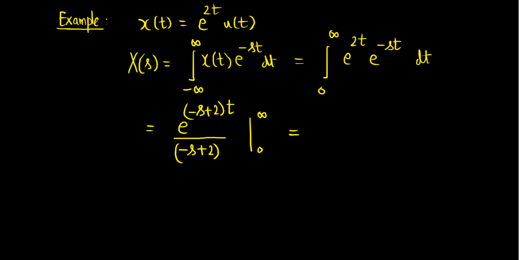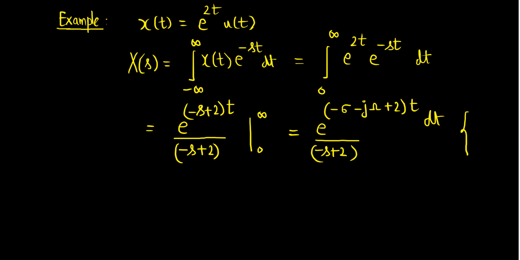And now let's try to replace this s by sigma plus j omega. That is going to be e power minus sigma minus j omega plus 2, times t, and I'll keep s as it is in the denominator. This is due to the fact that s is sigma plus j omega.